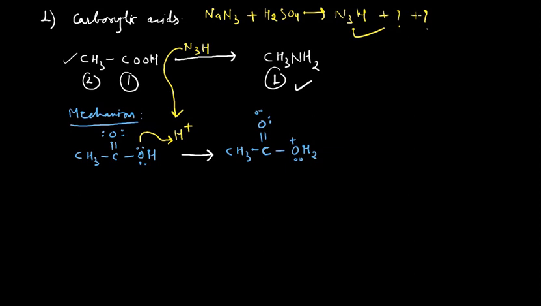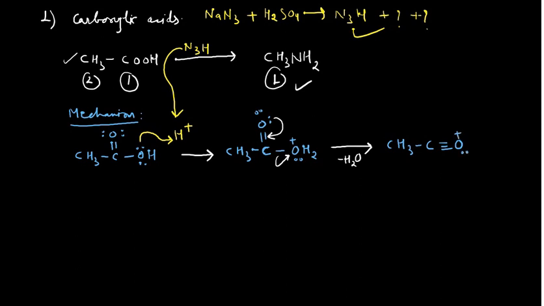What can happen in the next step: this water molecule can be removed from here. How? This electron pair can come down and go with this, and you will have minus H2O. So you are forming water in the intermediate stages, remember. Then you will have the species CH3 C triple bond O with a positive sign.